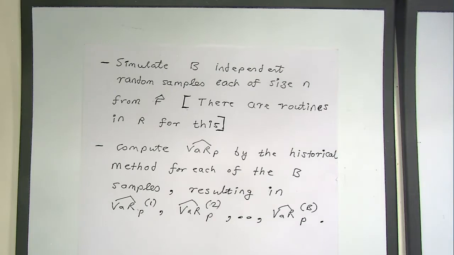The second step, are you guys listening or what? The second step is to compute VaR by the historical method, which I have already described, for each of the B random samples. So if B is 100, for example, you have 100 different estimates for VaR. If B is 1000, you have 1000 different estimates for VaR.